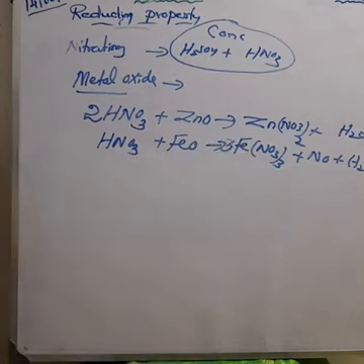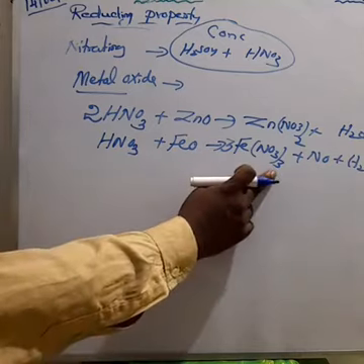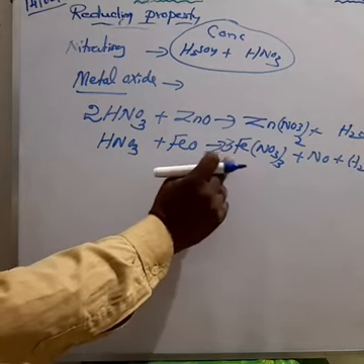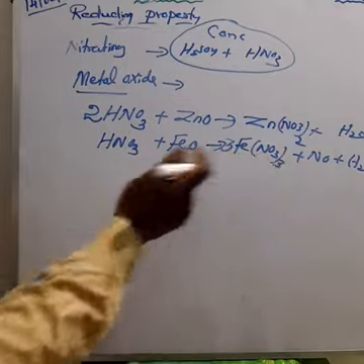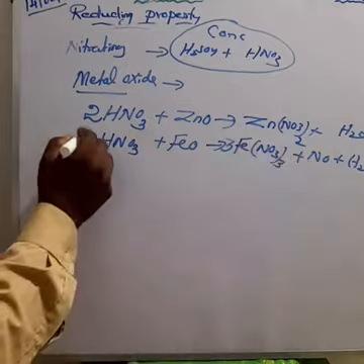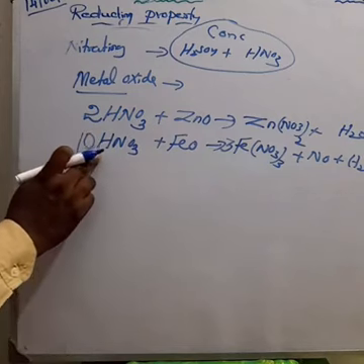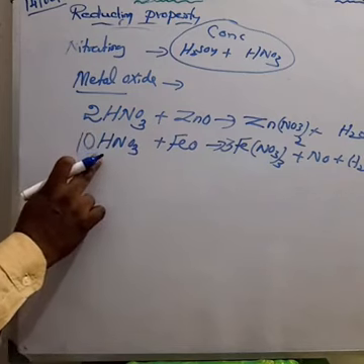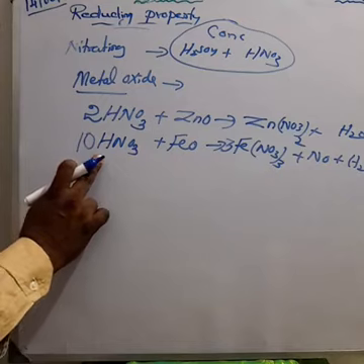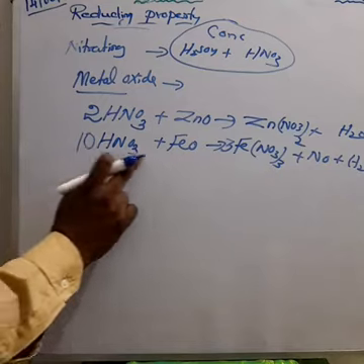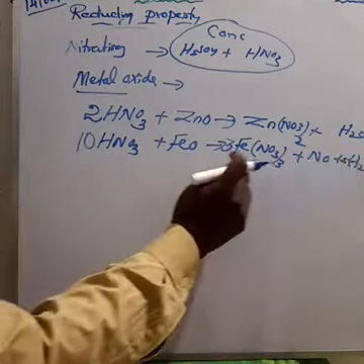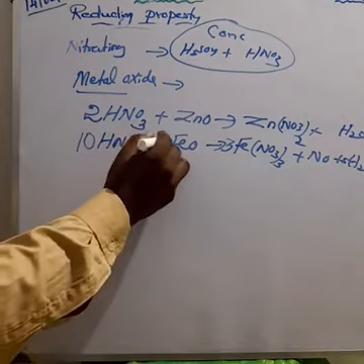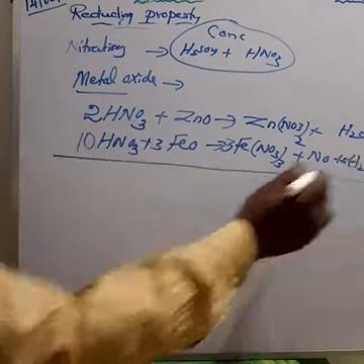Make it 3 here, so 3 into 3 is equal to 9. 9 plus 1 nitrogen in NO is 10. So 10 nitrogen, make it 10 nitric acid, 10 HNO3, on the reactant side. How much hydrogen is there? 10 hydrogen. So make it 5 water here. Hydrogen is balanced. How much iron is there on the product side? 3. So make it 3 here. Now the equation is balanced.